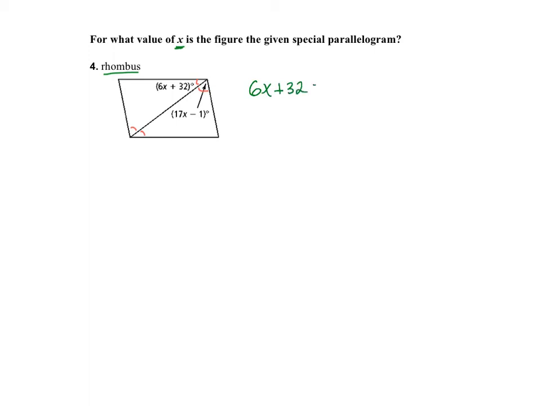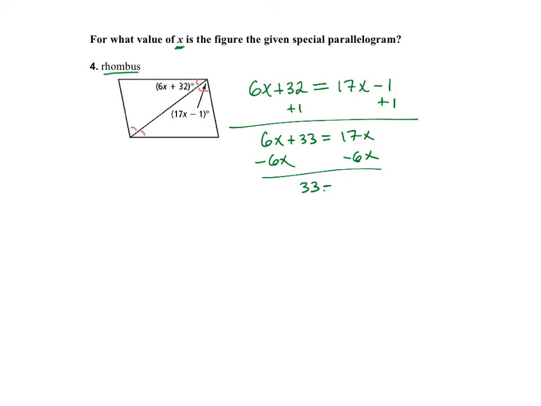So 6x plus 32 equals 17x minus 1. So plus 1, plus 1: 6x plus 33 equals 17x. Minus 6x: 33 equals 11x. And I'm just dividing, so x has to equal 3.